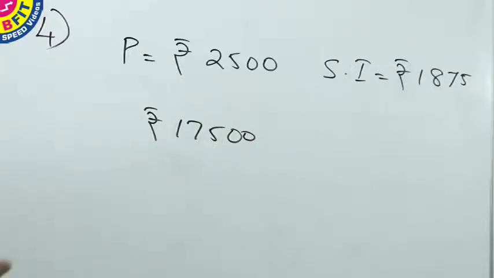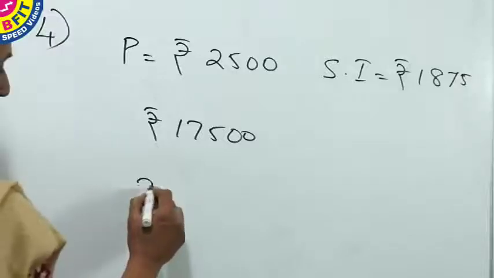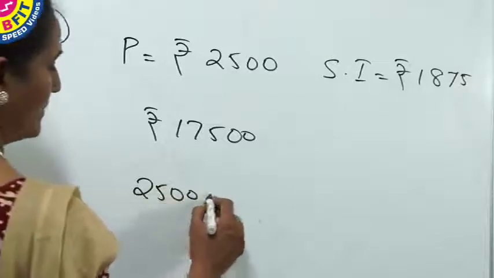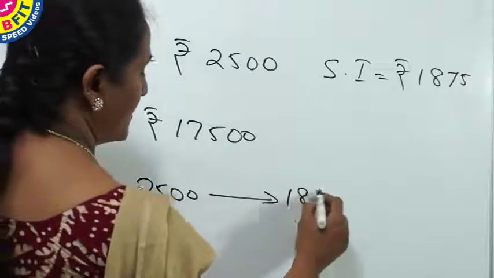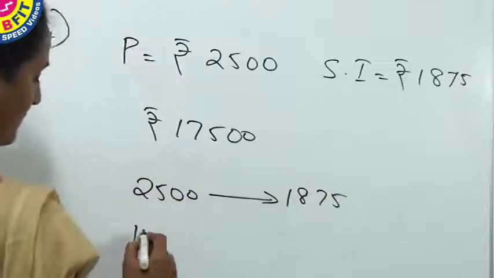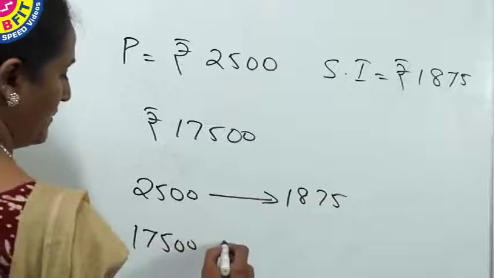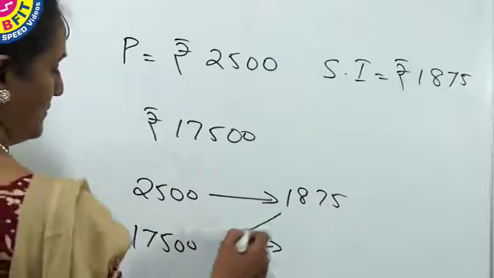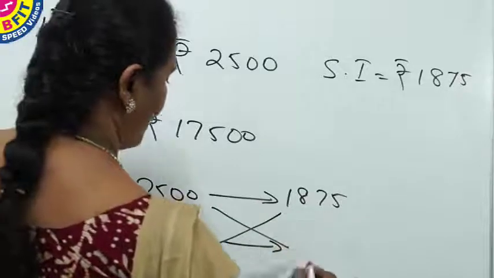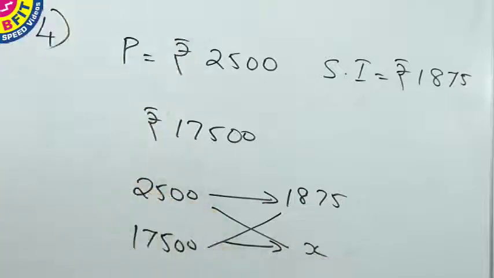Say for 2,500, the interest got is 1,875 and for 17,500 to find the interest, just by cross multiplying the interest is got.